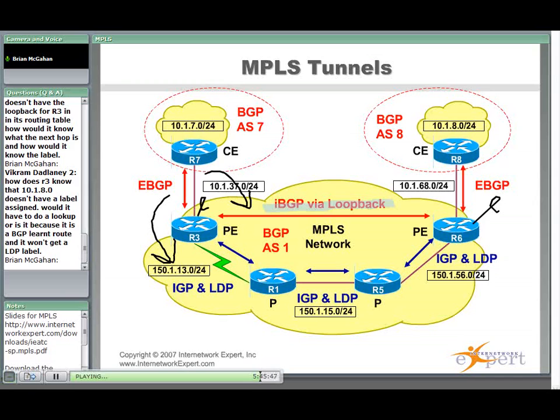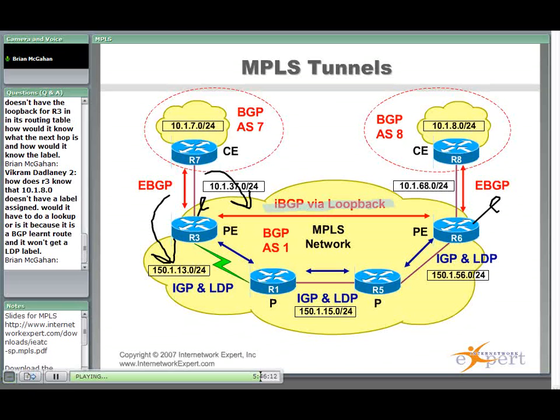So the advantage here we can see is that when we go to send traffic through the network, the devices in the network core do not need to know about the customer routes. Okay, the devices in the MPLS core do not need to know about the customer routes. The only thing that they need to know about is what is going on in the service provider network.